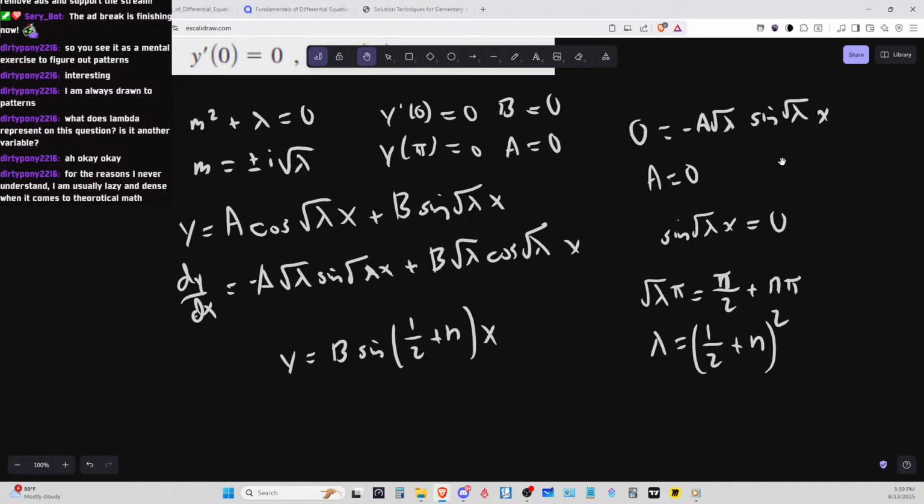Usually when I try to do proofs on this stream, I take much longer, and sometimes I leave the board blank because I'm just trying to figure out how to organize my thoughts. So don't feel bad. If you think you're being lazy, I probably feel like I'm being lazy too. I feel like I'm not putting in as much effort as I should.